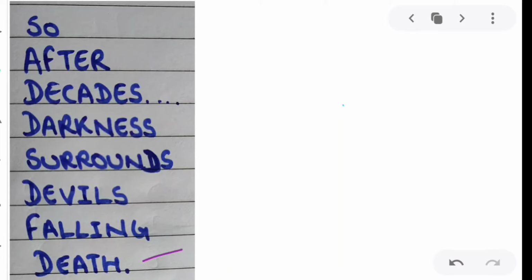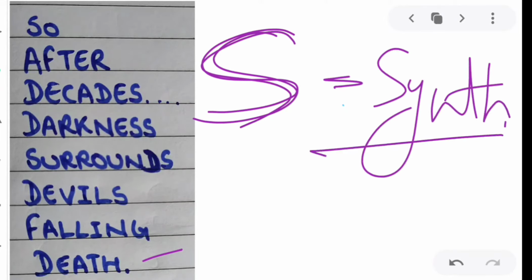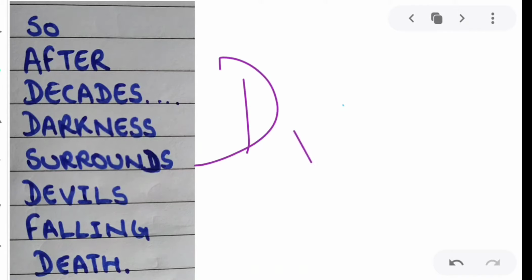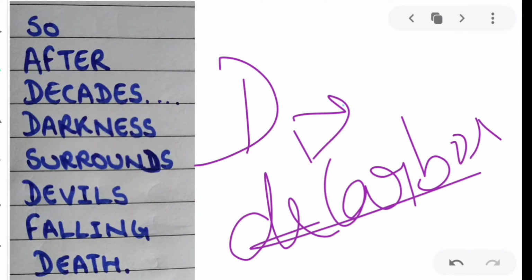The devils are surrounded by darkness and they die. The main thing to remember is that S stands for synthase and D stands for decarboxylase.